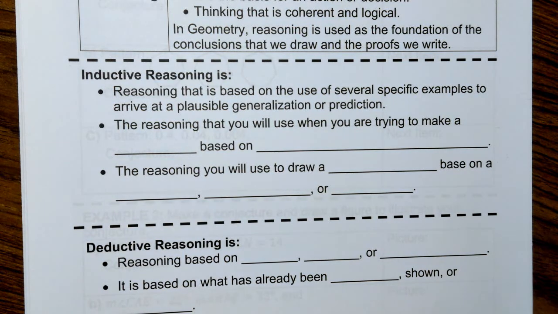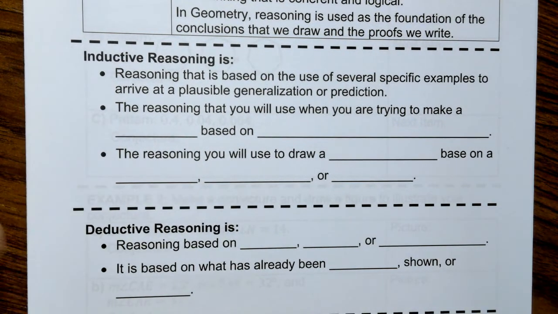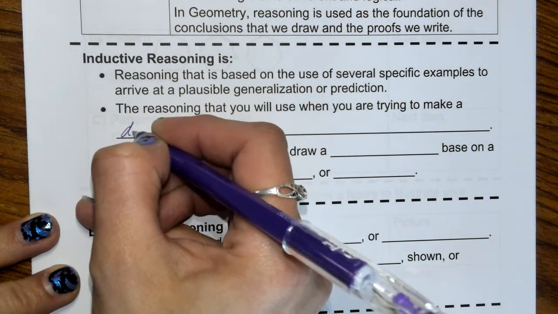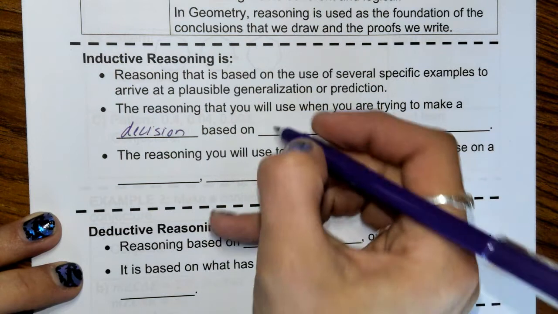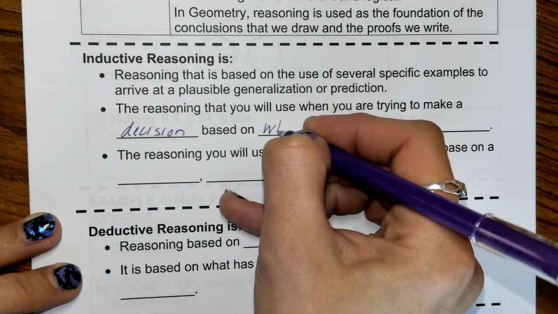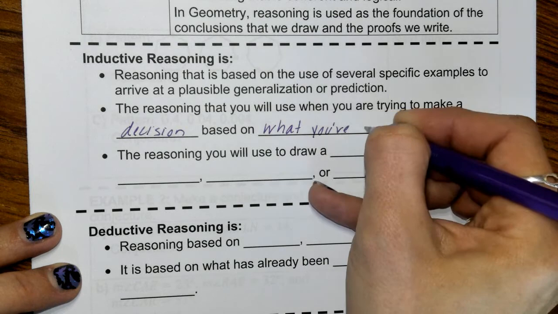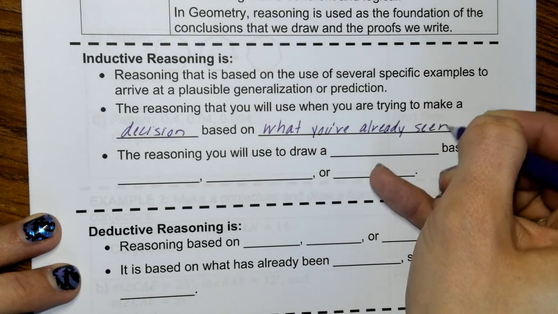I'm going to jump straight to the second bullet point here because we've got a lot of words in the first one that could confuse you. This is the reasoning that you will use when you are trying to make a decision, and this decision is based on what you've already seen. Make sure you pause to get the rest of that written down.